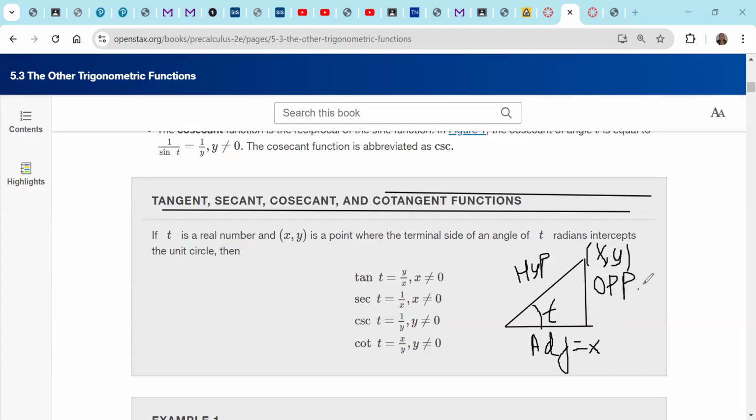And this side, which is the opposite side, that's the Y side. And hypotenuse is 1 because this angle is taken from the unit circle. Like if you're walking on the unit circle, there is a point and you make a triangle. So then if that's that, from the SOHCAHTOA rules, I'm going to write the words here on the side.